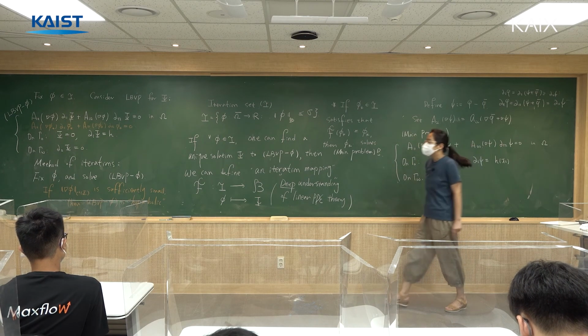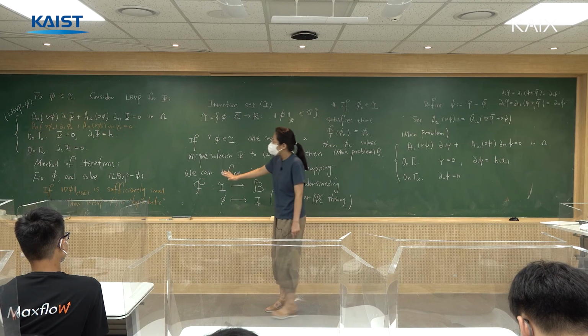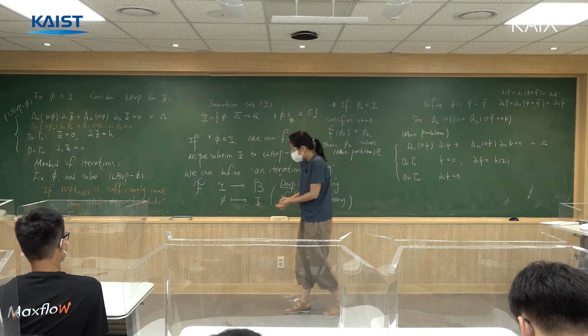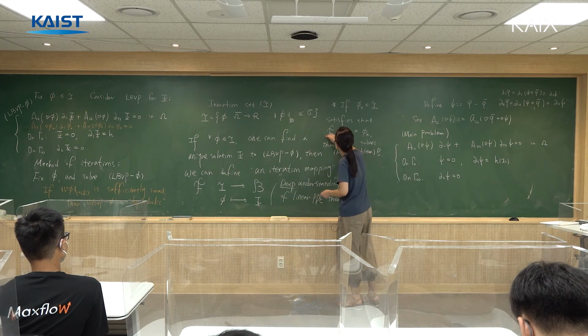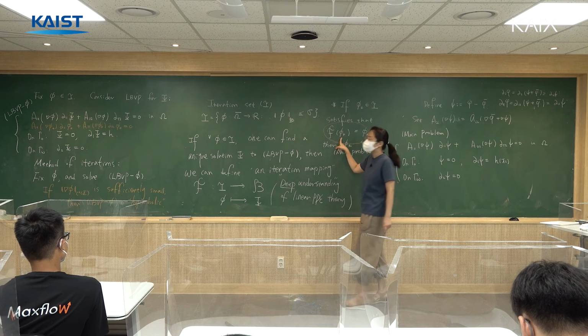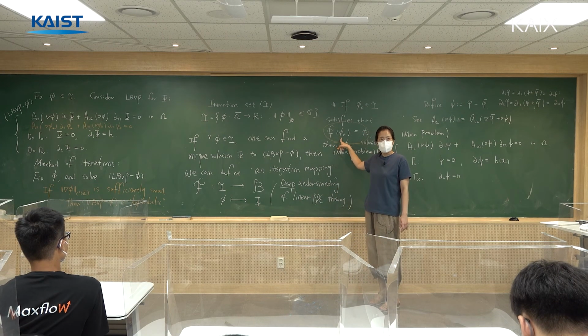So in this strategy of the method of iterations, the real difficult part is to find this particular point that satisfies this property.